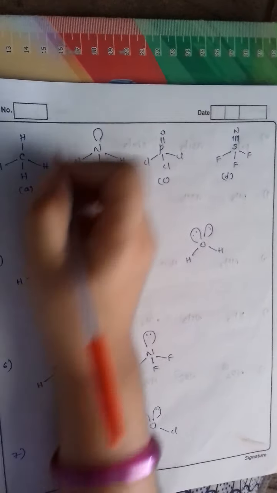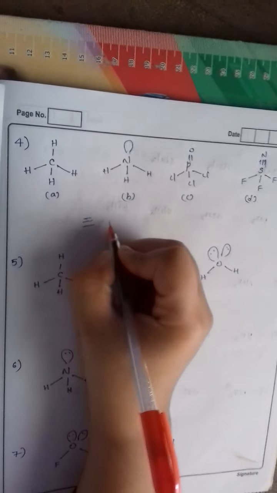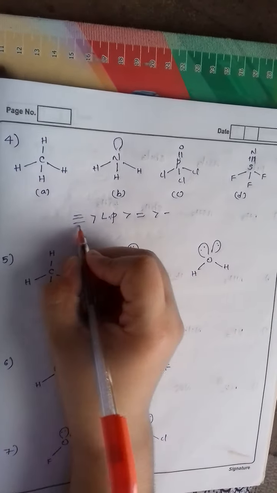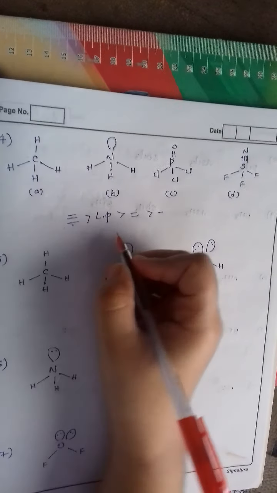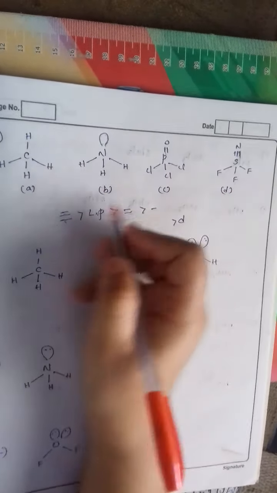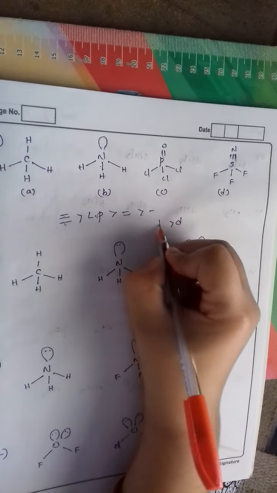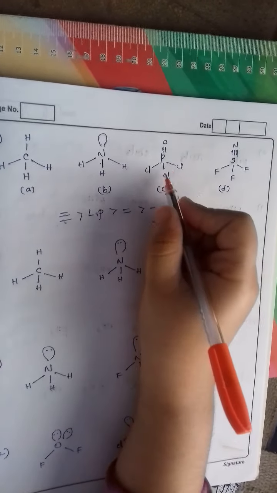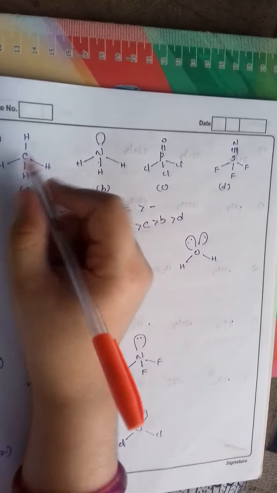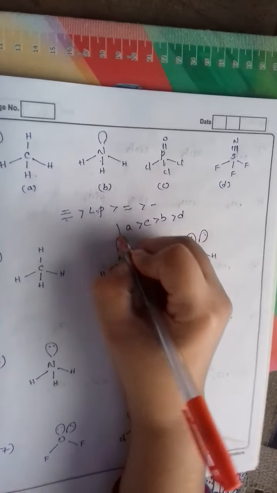First we know this: the triple bond repulses more, then lone pair, then double bond, then single bond. So it repulses more, meaning it decreases the bond angle. So D will be last because there is a triple bond. Then here it is a lone pair, so it will be second, and then we see the double bond, here is C, and here there is no double bond or lone pair, so A. This will be the order.